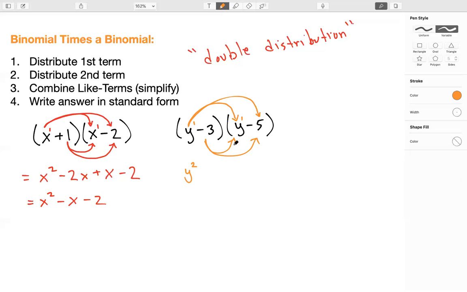Y times -5 is -5y. -3 times y is -3y, and -3 times -5 is a positive 15. Now again, we have to combine the middle two terms. -5 minus 3 is -8. Y plus 15. And we are done.